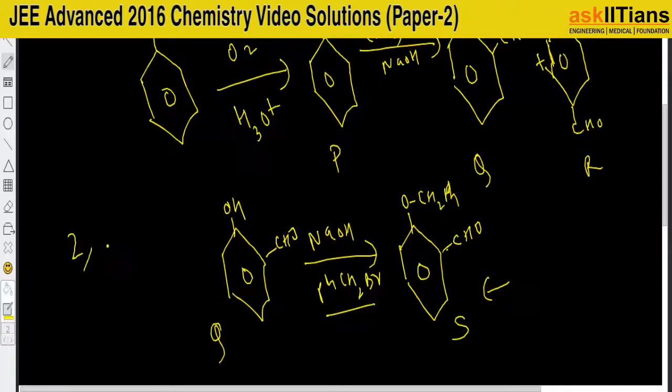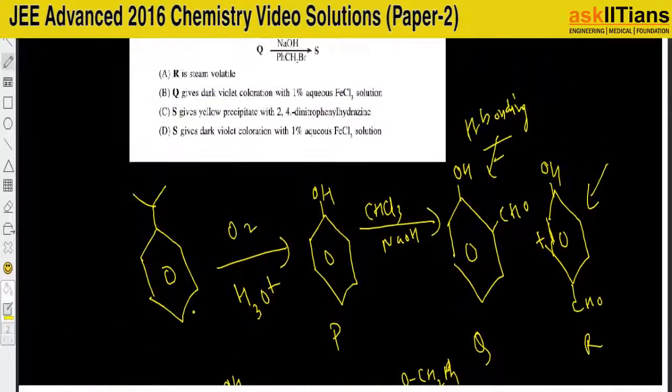With all the carbonyl groups, which can give me the NZ kind of structure. NH2NHZ, if I treat, then they'll give me NZ structure. So it's not only S. Even your Q and R will also give the positive test of 2,4-DNP. So my C is also correct.